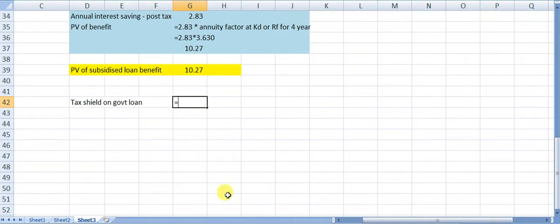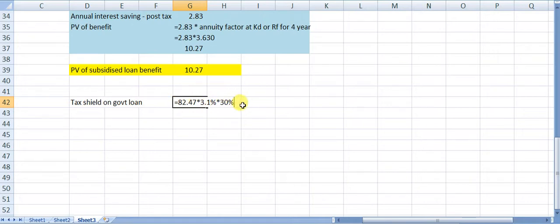Listen to me carefully. Government loan is 82.47. Interest rate is 3.1%. So this is the annual amount of interest you are paying. So if this is the amount of interest you are paying, how much tax you are going to save? This into 30%. Guys, if you pay $100 interest, your profit goes down by $100. So your tax goes down by $30, 30%. So interest into 30% tax percentage.